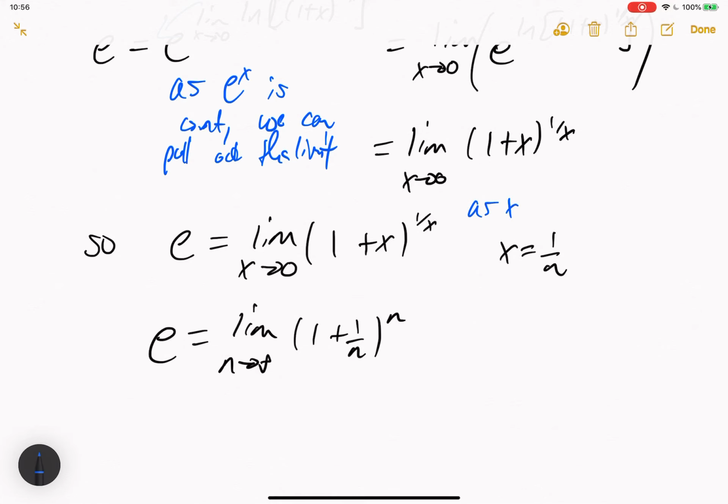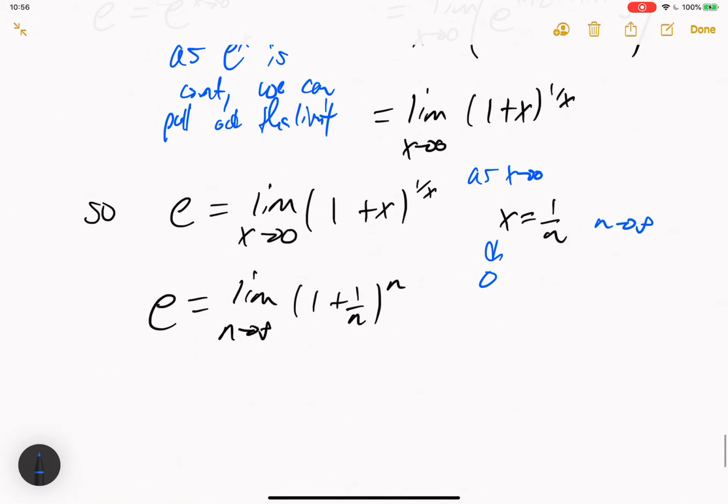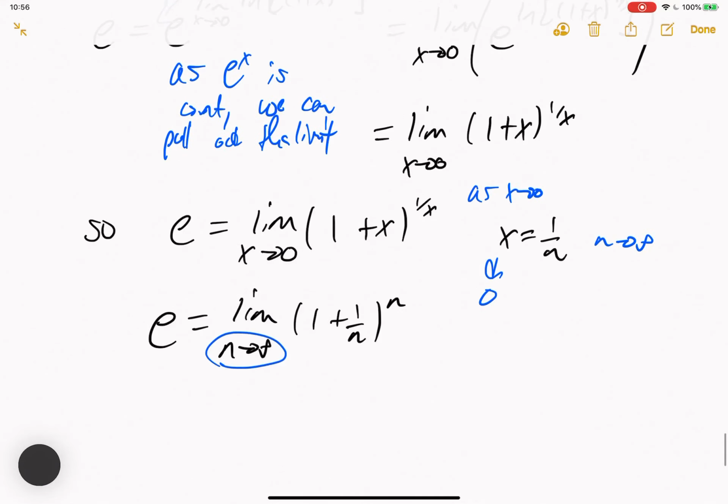Thus as x goes to 0, we need 1 over n to go to 0, but that's the same thing as n going to infinity. So we're basically doing a change of variables, and when we do that, we still want to go to the same place. So we have the limit as n goes to infinity of (1 plus 1 over n) raised to the n, because 1 over x is 1 over 1 over n, which is just n.